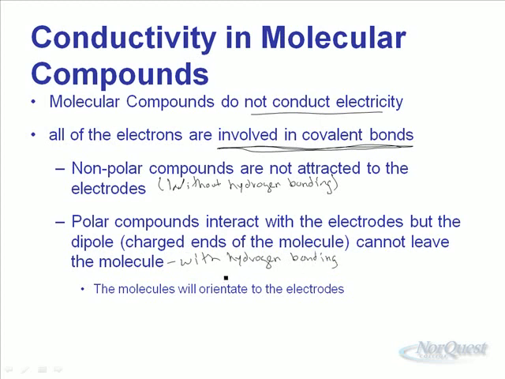Neither of them conduct electricity. The molecules might turn themselves to orient with the electrodes if they're polar compounds, but none of those electrons are willing to leave the compound, so we can't conduct any electricity.